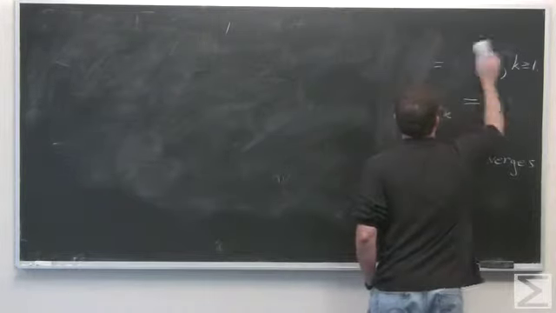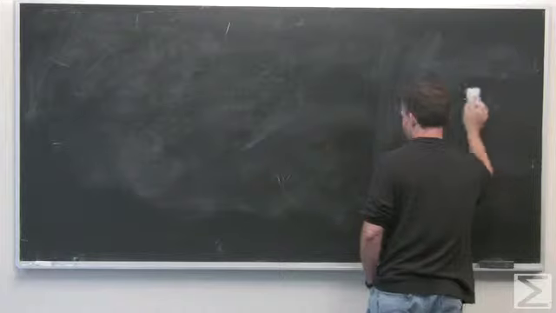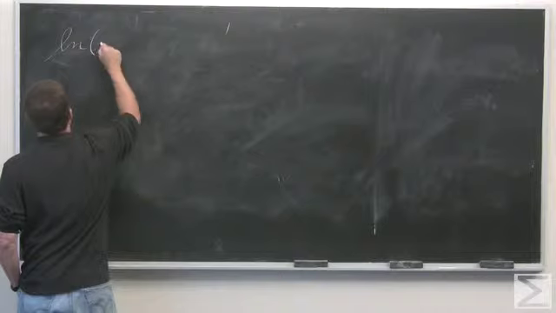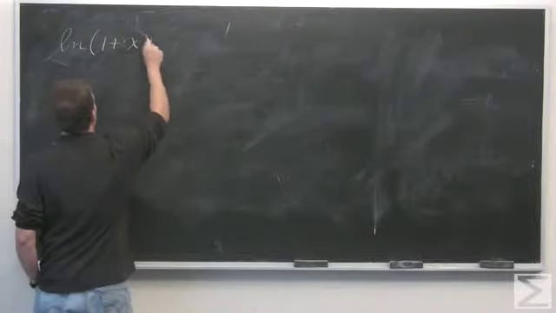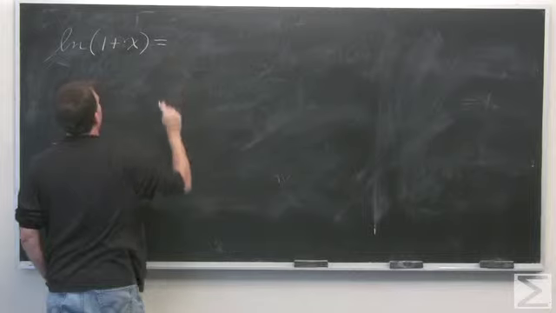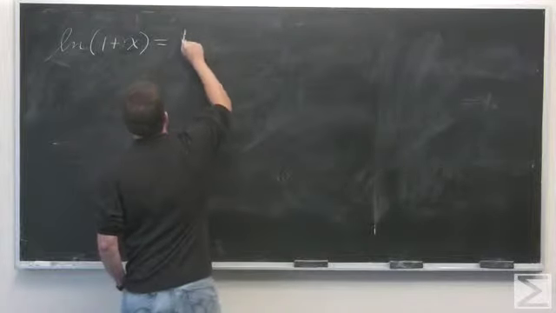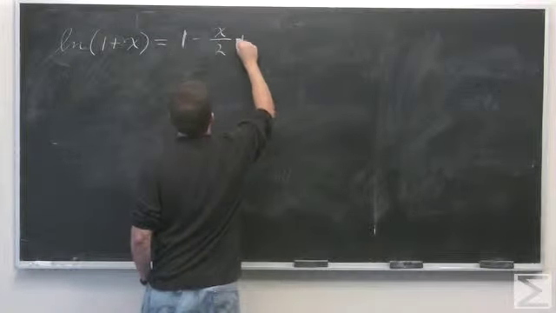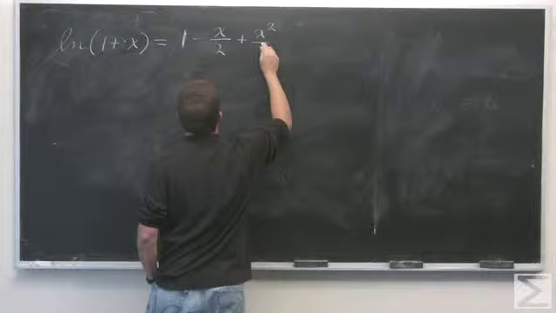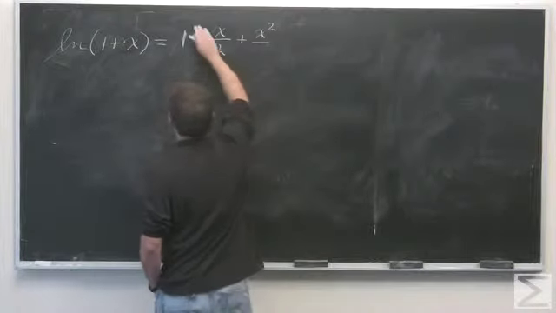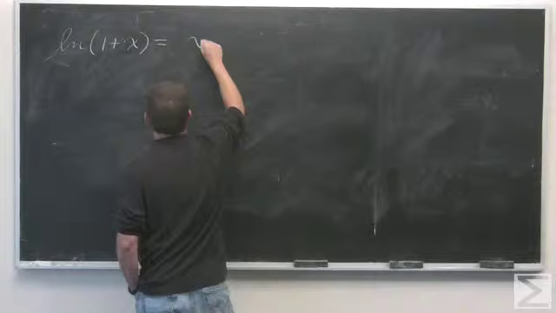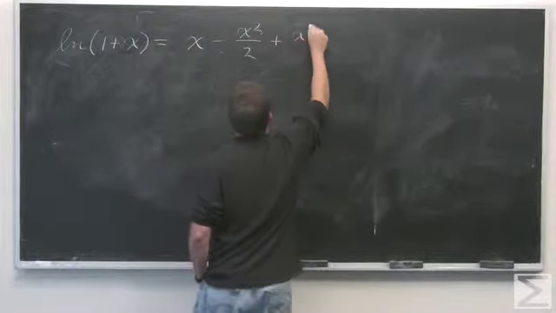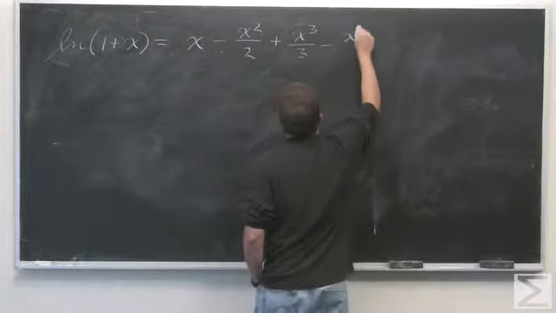We didn't prove these completely, although we proved for one of them that it converges for x's other than the center. We had the series for natural log of 1 plus x, which goes x minus x squared over 2 plus x cubed over 3 minus x to the 4th over 4.